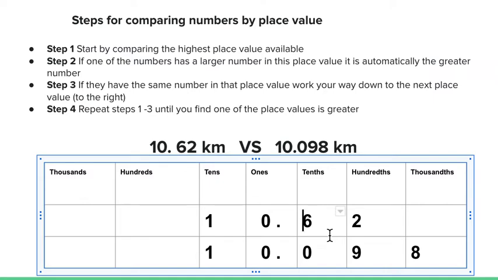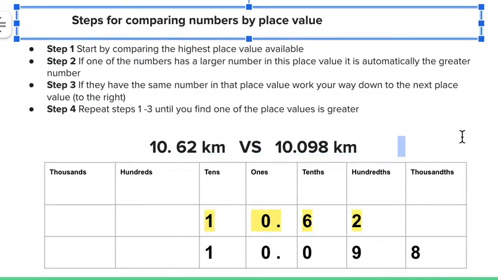We got to compare tenths. So here, the top number has 6 tenths and the bottom number has 0 tenths. So automatically, this top number is the larger number. Now, some of you may be saying, whoa, hold on a second.